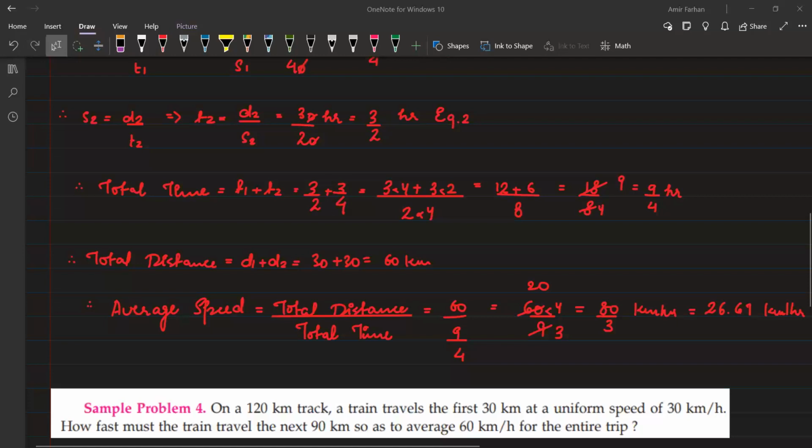Actually, there was a glitch in the network. Sorry for that. So we have to find the average speed, right?